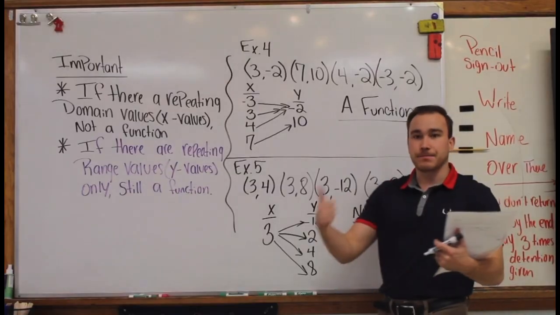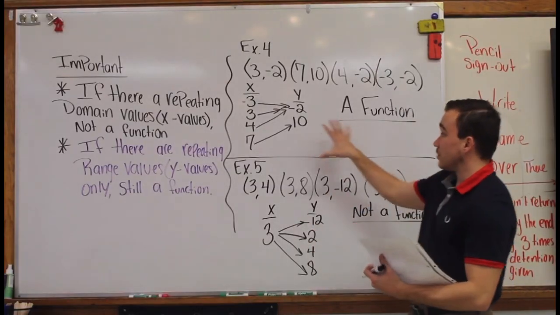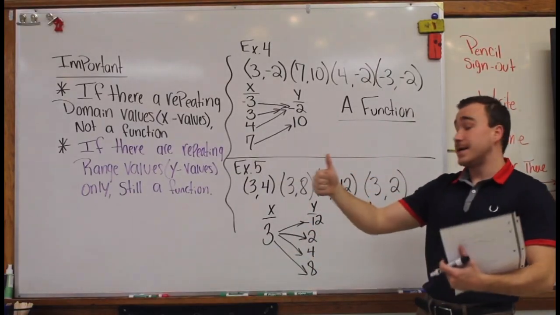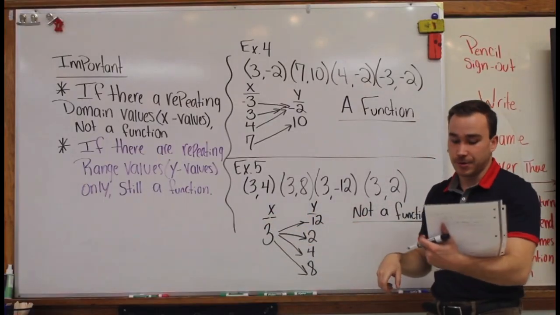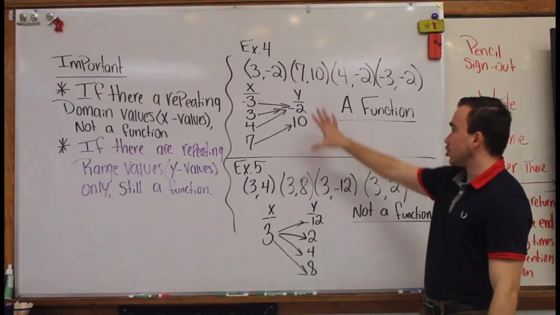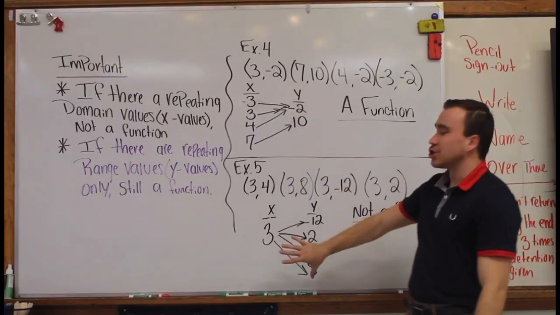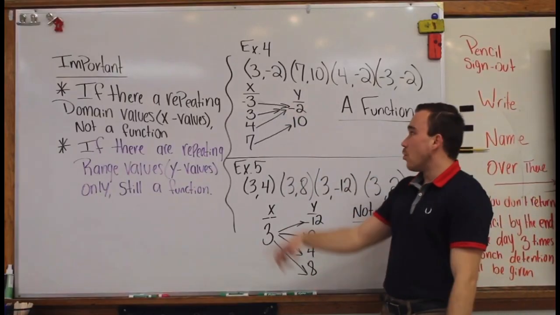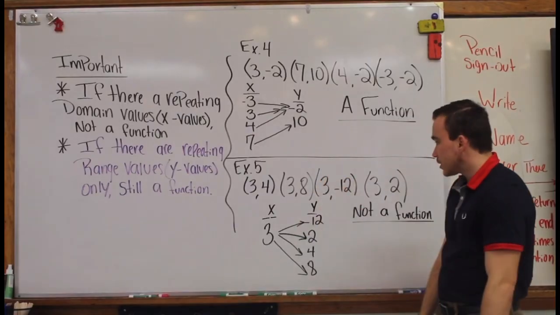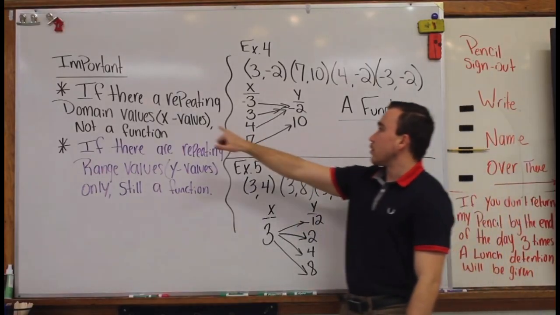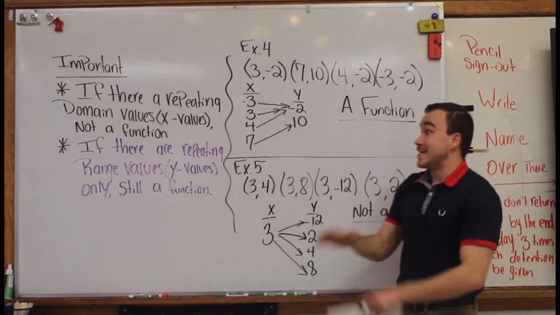So, to wrap up this whole lesson. We've got inputs and outputs. What makes a function is that every input, our x value, has one and only one corresponding y value. We did an arrow chart, which just shows visually what inputs relate to what outputs. If there are repeating domain values or x values, it is not a function.